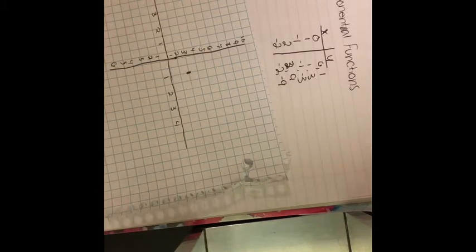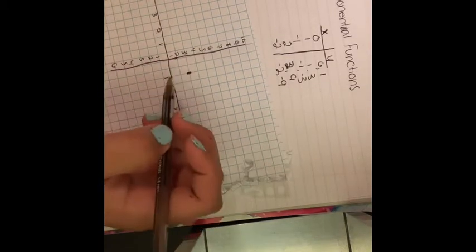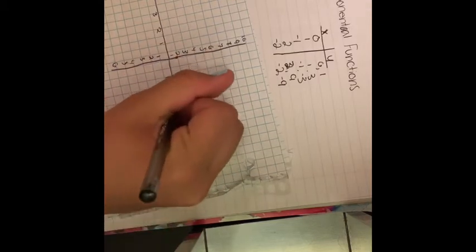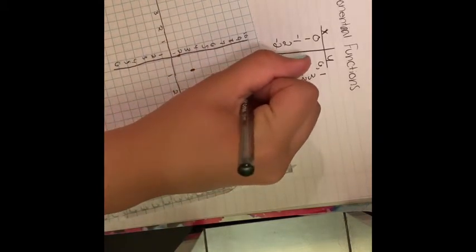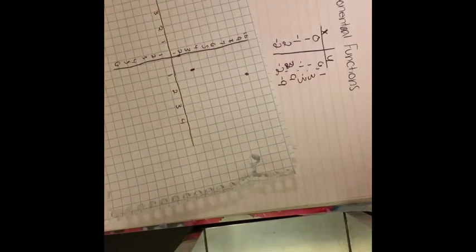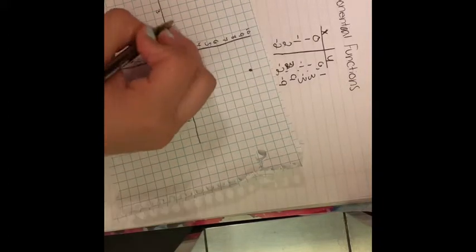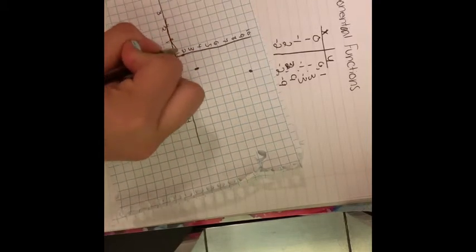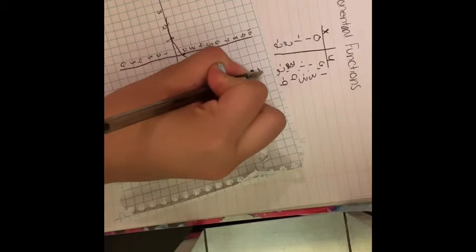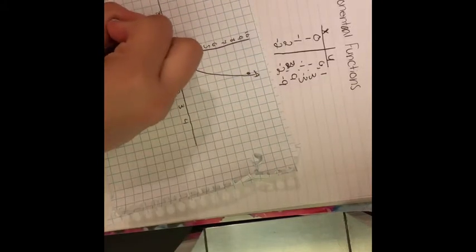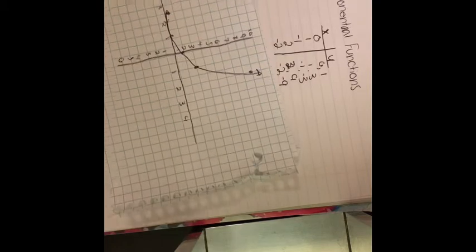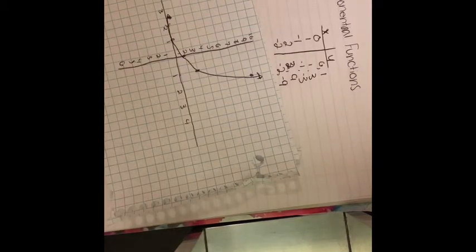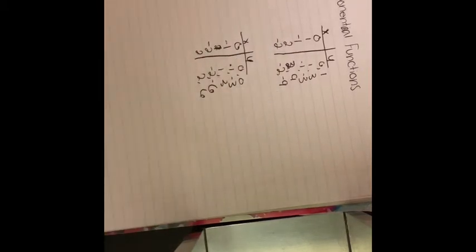And then we have (2, 9), so we're going to go over 2, up 9. And then we have (-2, 1/9), which is going to be over here. So this is what your graph should look like, something like that. Now we're going to go ahead and graph our next one.